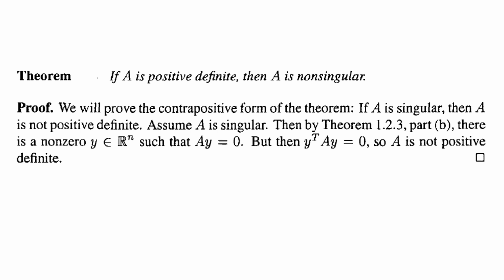The statement of the theorem says that if A is positive definite, then A is non-singular. We know about the definition of the positive definite, and we are also well aware of singular and non-singular matrices. We will prove this theorem by contrapositive form.